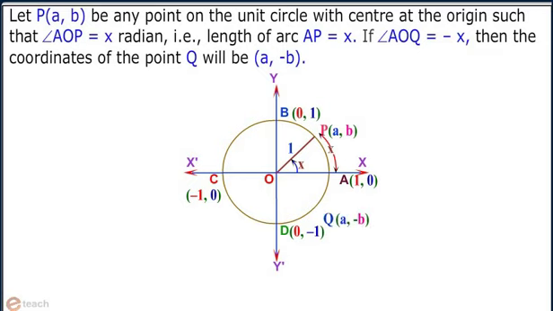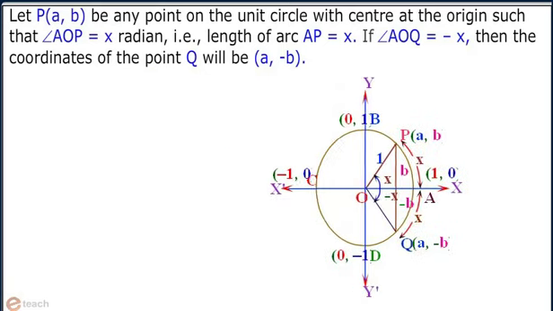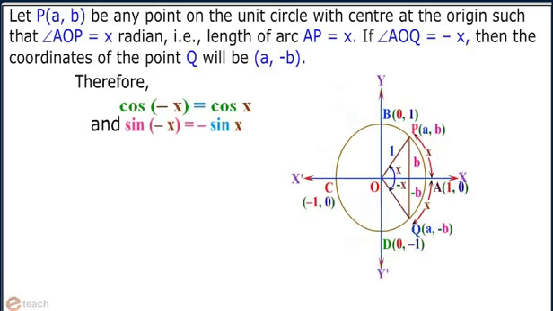If angle AOQ equals -x, then the coordinates of the point Q will be (a, -b). Now, draw a line PQ from point P to Q along the x-axis. Therefore, sin(-x) equals -sin x.